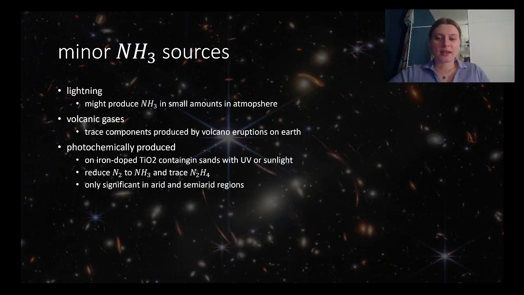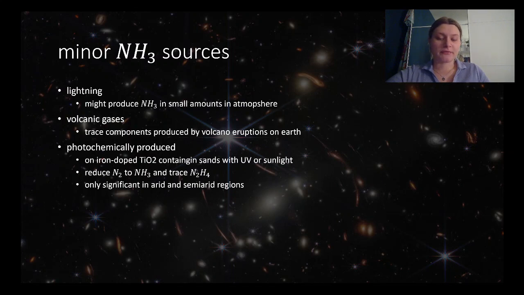Another way NH3 can be produced is photochemically, and that happens when iron-doped TiO2 containing sands get exposed to UV or sunlight, and that reduces the N2 to NH3 and has some trace N2H4.